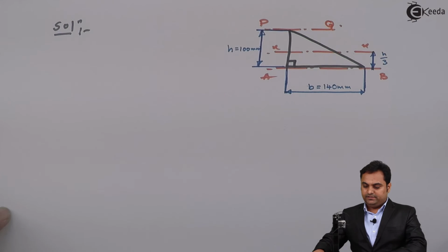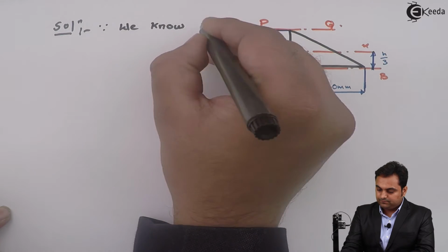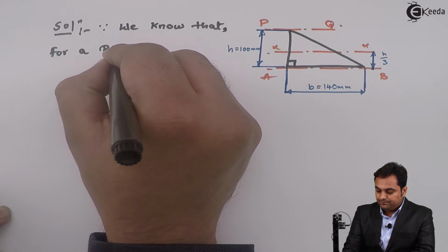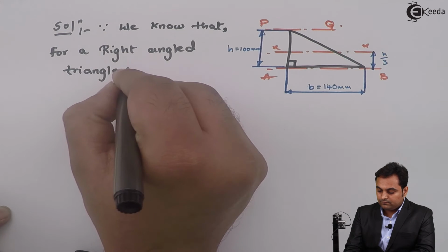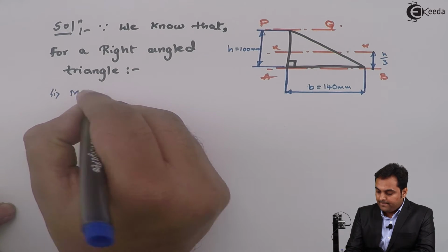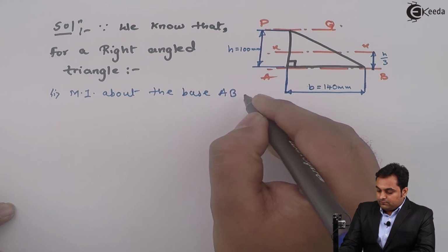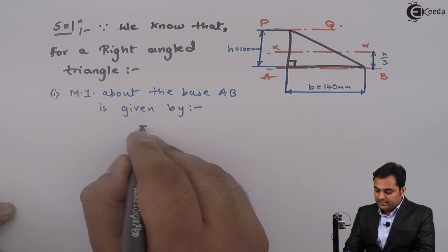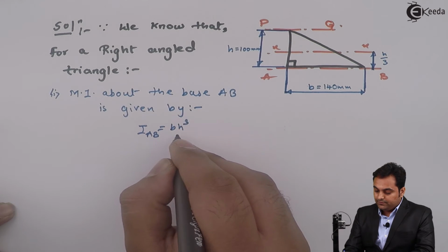So here I'll say that since we know that for a right angled triangle, the first case, that is MI about the base AB, is given by I suffix AB is equal to BH cube by 12.